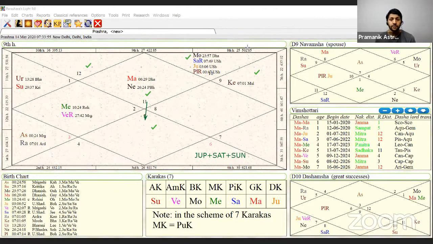And one more important thing happening here is the 12th lord is going into the 8th house, and when the 12th lord goes into the 8th house, it becomes the Viparit yoga. Remember, when we have any lords of 6, 8, 12 in 6, 8 or 12 it is Viparit Raj yoga.